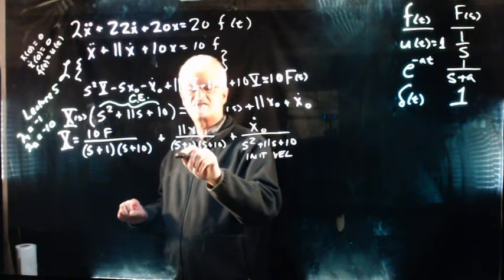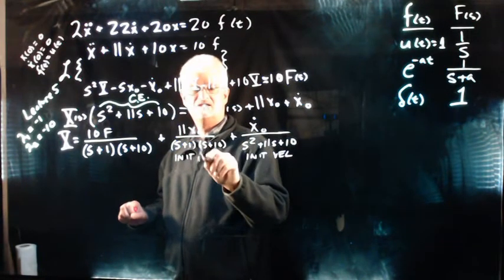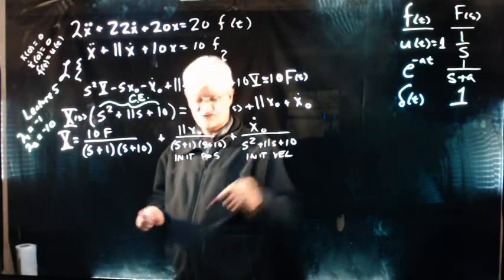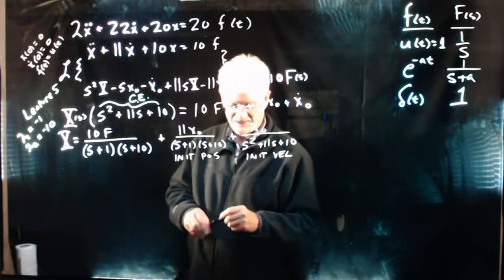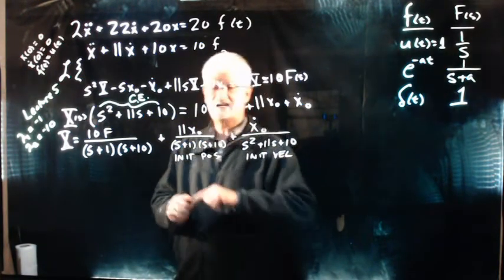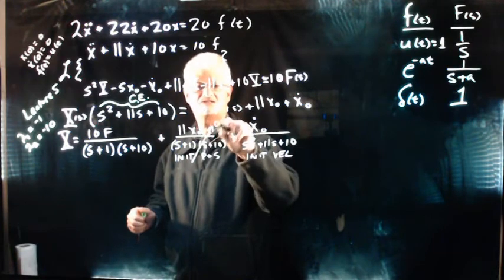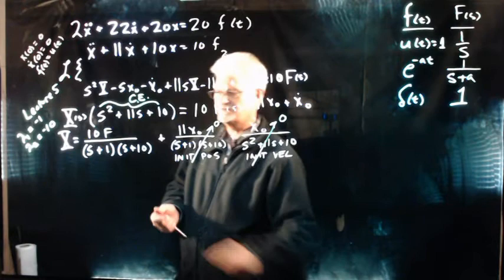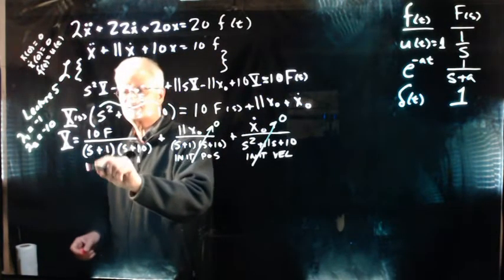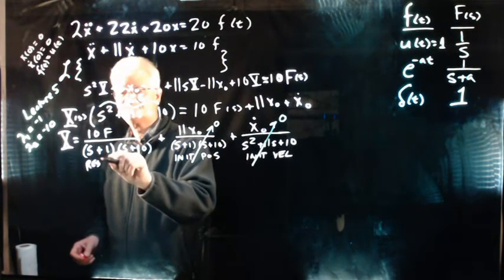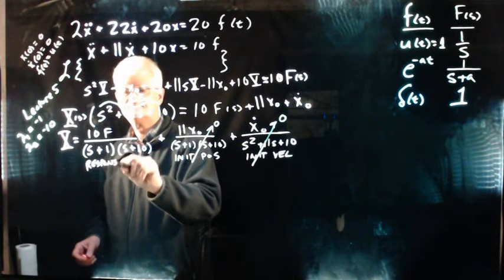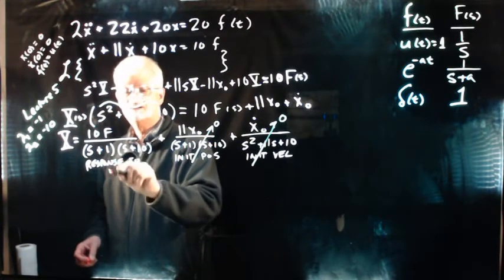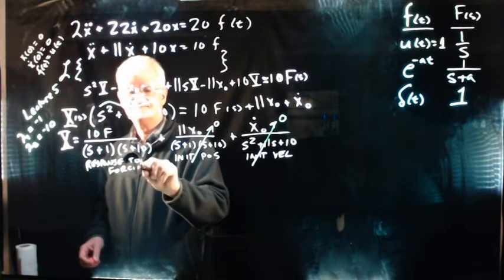This is the response due to the initial position. Both of those are 0 in our case. So I can just scratch those out. Both of those are 0 in this case. This one is the response to the forcing function.